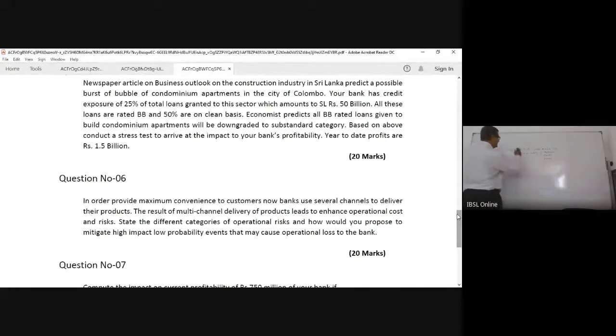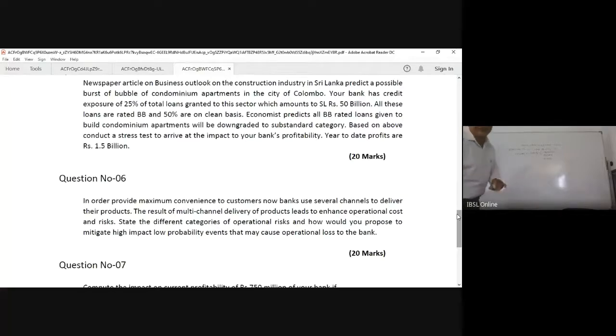I'll rewrite again. The second line is brick and mortar, ATM, phone and internet.